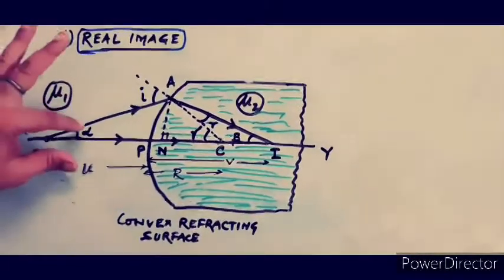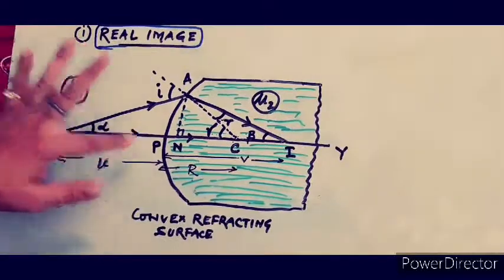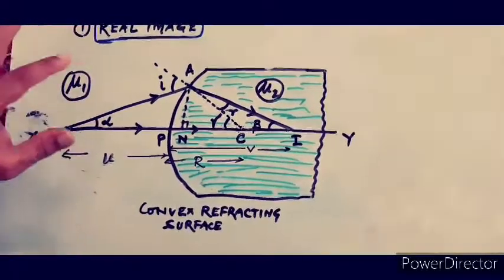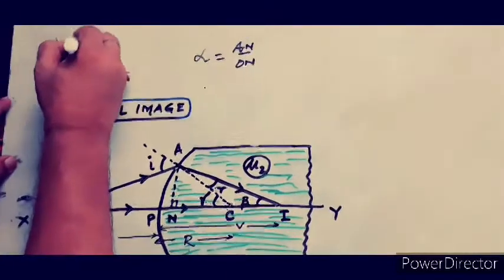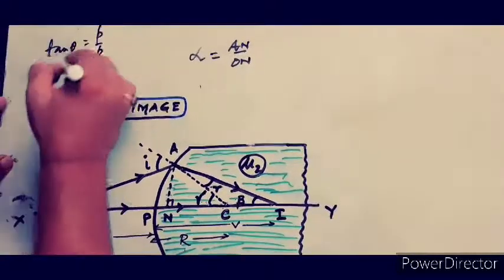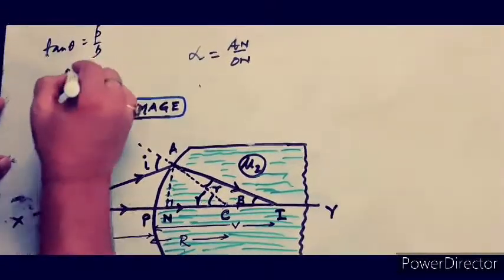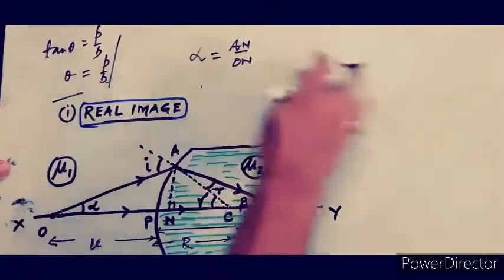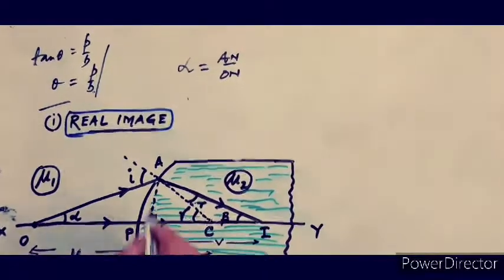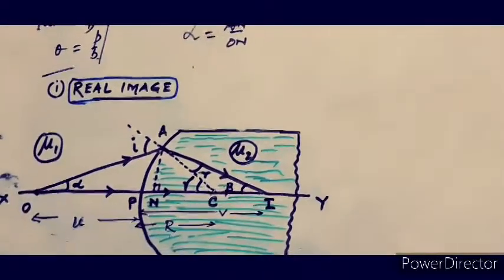Simple logic is there. If we are going to find tan theta of a small angle, tan theta is equal to P by B, and if theta is small, tan theta becomes theta. So alpha is equal to AN by ON, right?